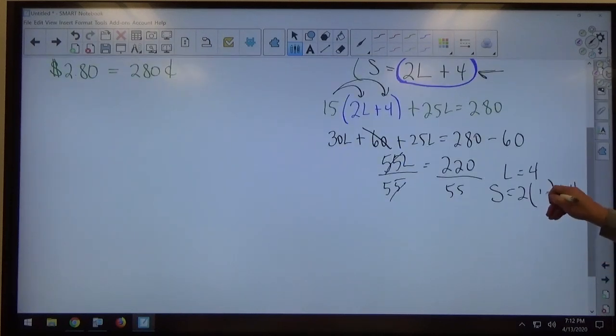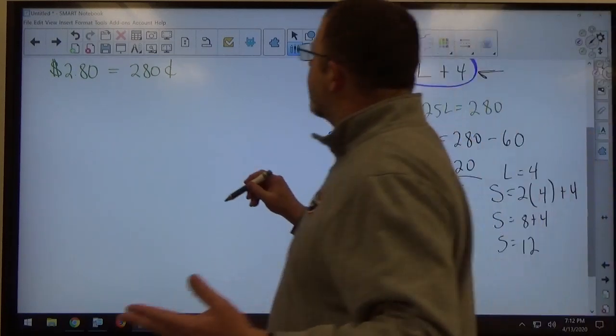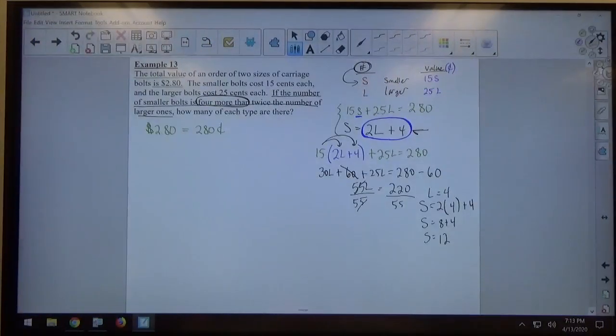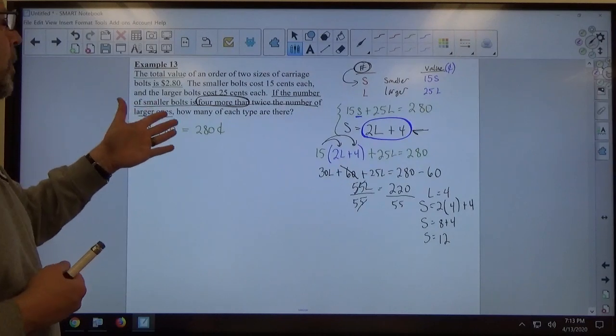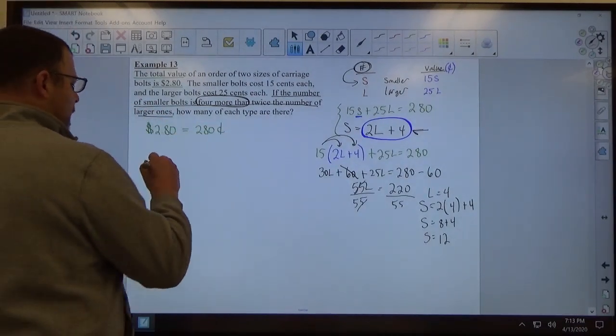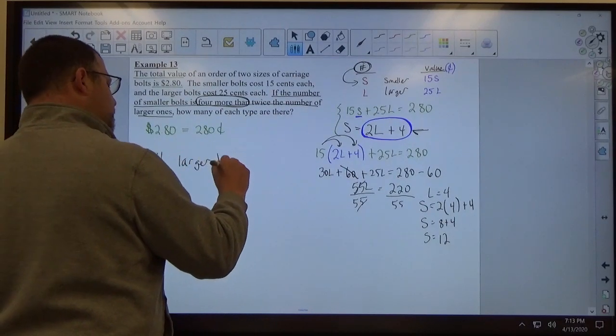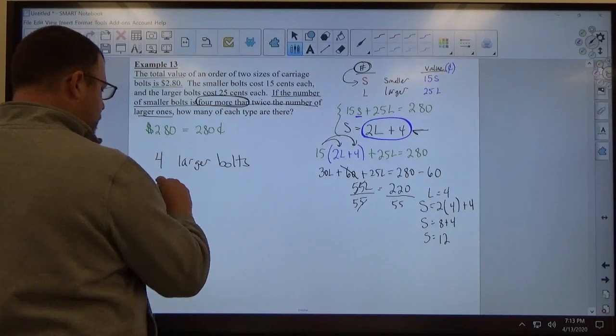But L equals 4, so S equals 8 plus 4, so S equals 12. In the other two examples, we had X and Y representing our unknowns, and it didn't really matter which one was which. Now I've been more specific: L is larger, S is smaller. The question is how many of each type there are, and they're specifying those types, so we need to label them properly. So I would say 4 larger bolts and 12 smaller bolts.